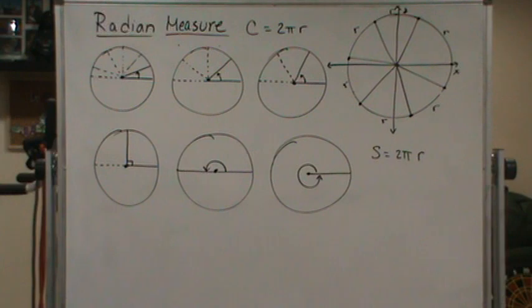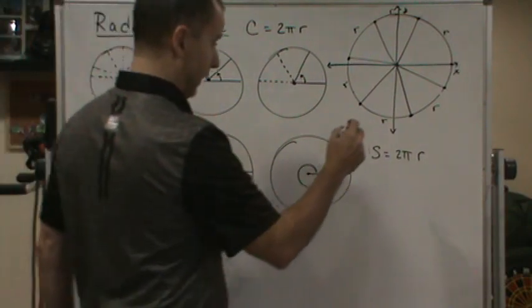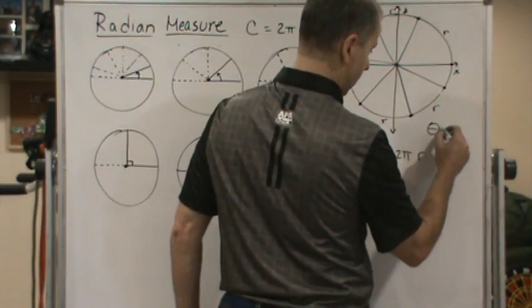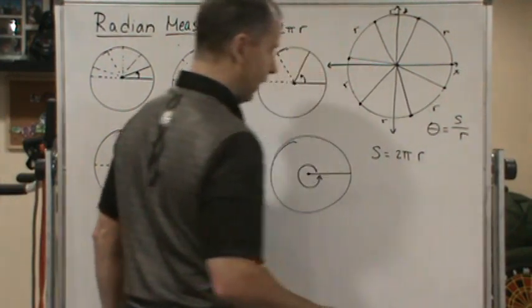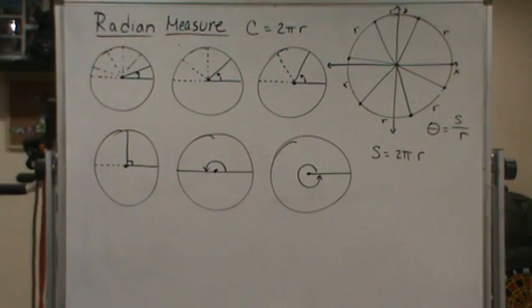But if we take the ratio of S and r, as we saw before, theta in radians is represented by S over r, and that doesn't have any units. It is a real number.